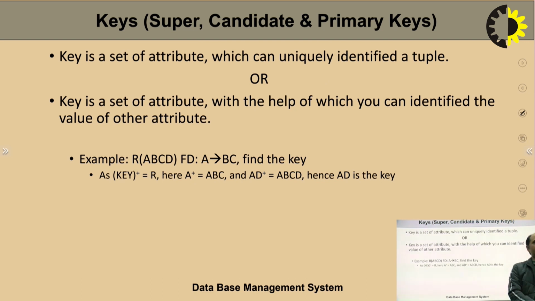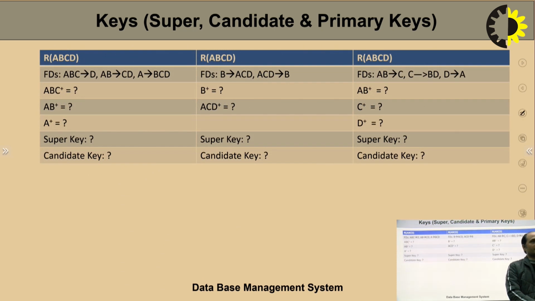Now the next topic is keys. A key is a set of attributes which uniquely identifies a tuple, or a key is a set of attributes that can help identify the values of attributes. With keys, we can find out the closure, and we can find out the super key and candidate key also. Suppose we have a relation R and functional dependencies are given, we can find out the closure.